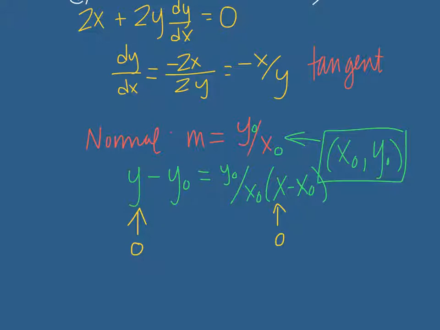When I work this out, I have 0 minus y naught equals y naught over x naught, times 0 minus x naught. And 0 minus x naught is just negative x naught.